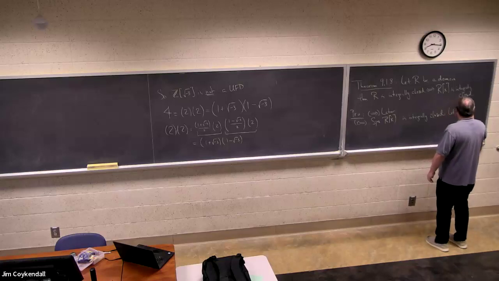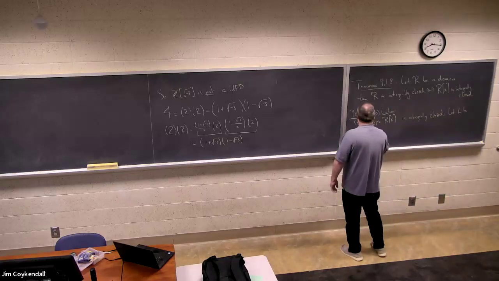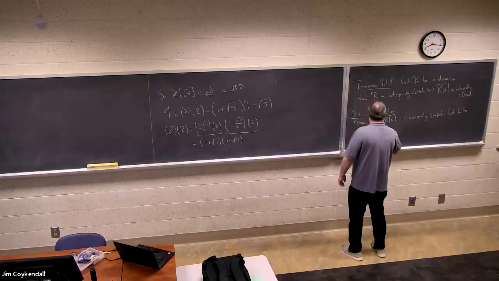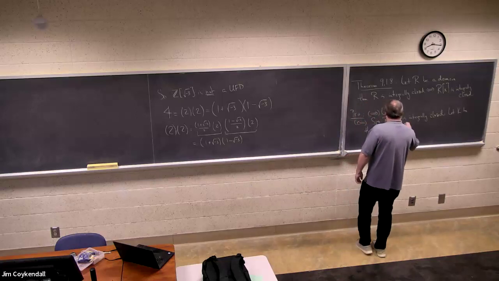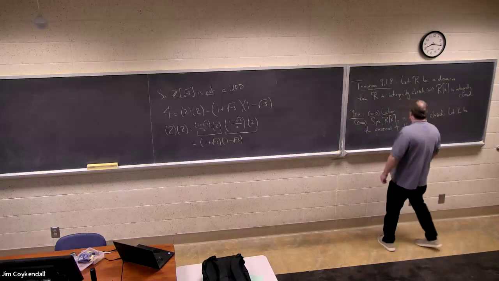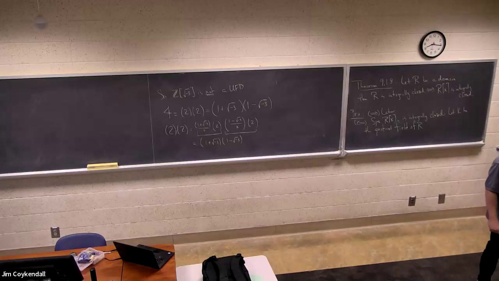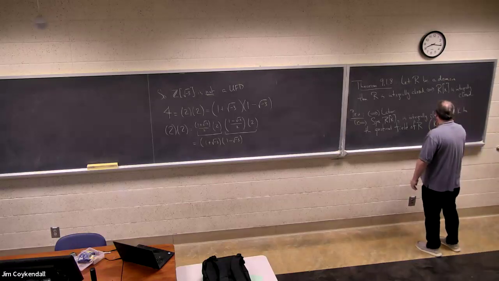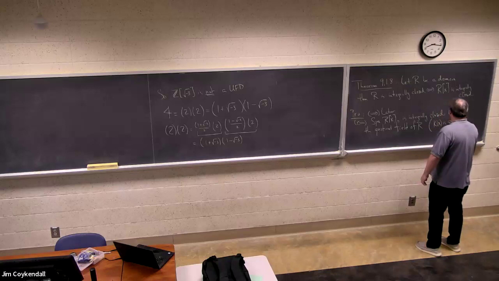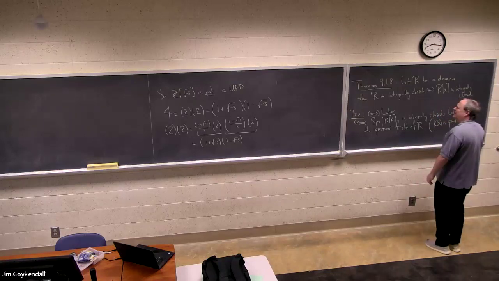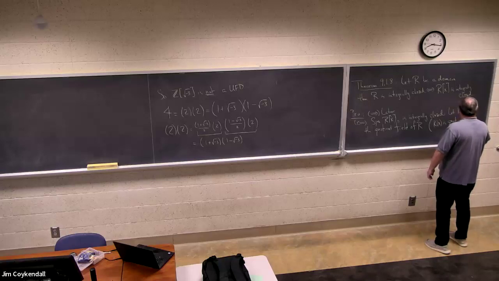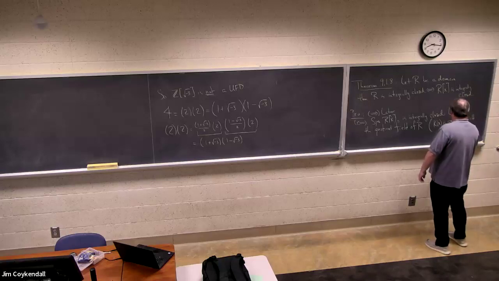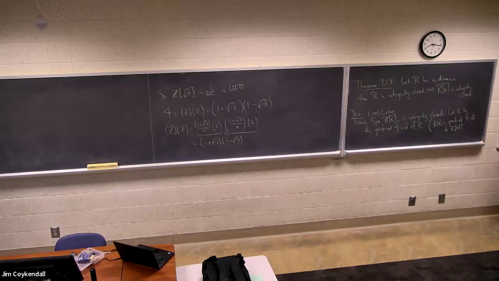Let K be the quotient field of R. So if K is the quotient field of R, what's the quotient field of R[x]? Rational functions in K.